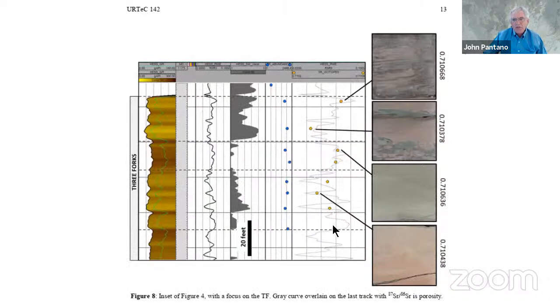In that zoomed in view, we can see that the residual salts analysis, this curve right here is the porosity derived from logs. And we saw that there was an association on a subset of this. We didn't have the full set of data when we came up with this association of a log-derived property with the strontium residual salt analysis isotope.